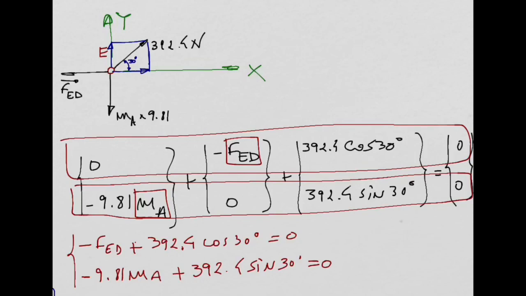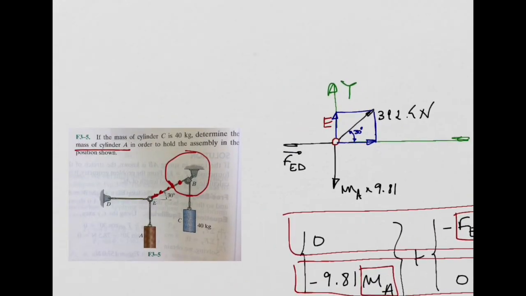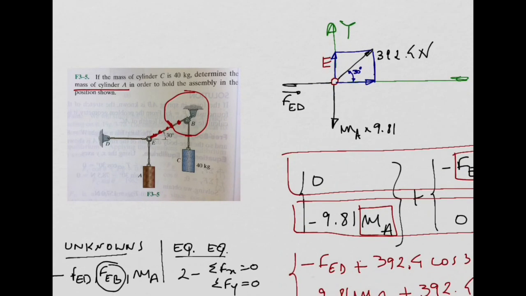So if we solve these two equilibrium equations, we get FED and we get the mass of cylinder A. In this example, the only thing we were looking for, I think, was the mass of cylinder A to hold the assembly in the position shown. Basically what they're saying is to get the equilibrium, right?